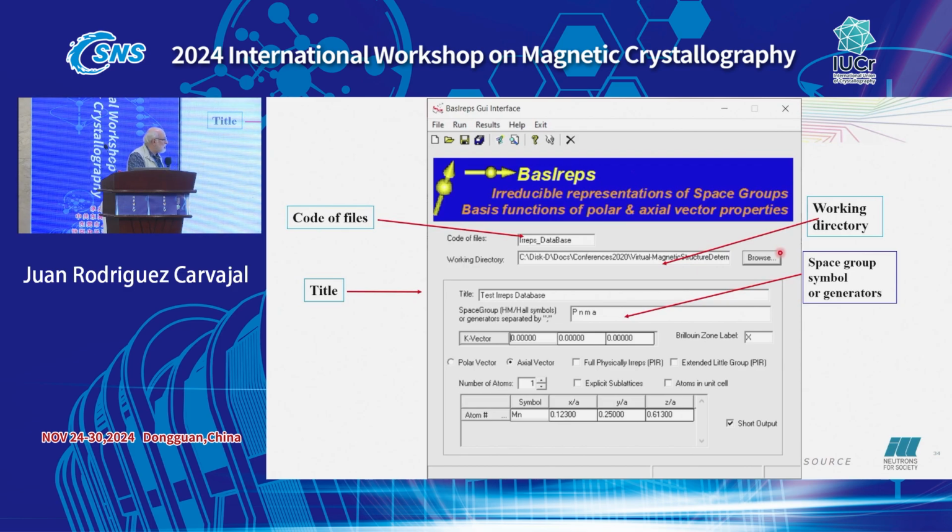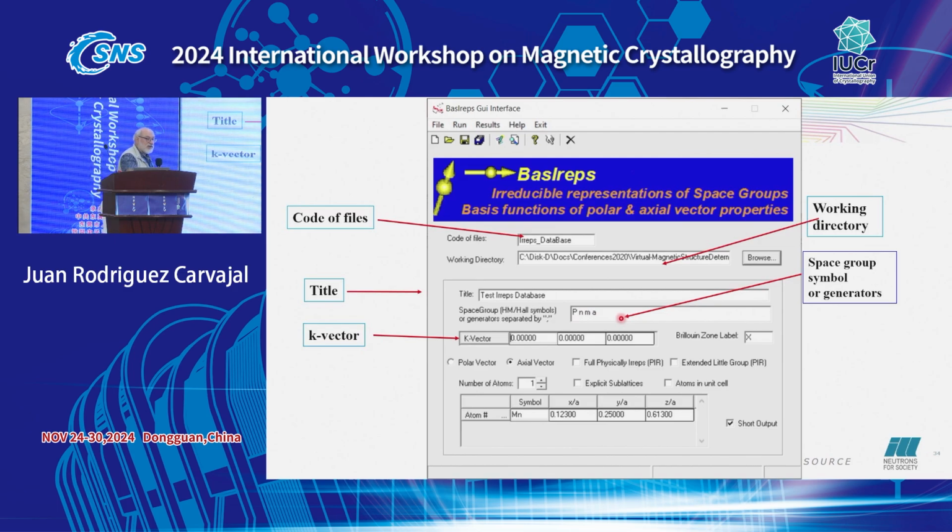In principle, you can put whatever setting; I have a list of 604 different settings of space groups. You put that with spaces between the symmetry directions, for example, PNMA here.